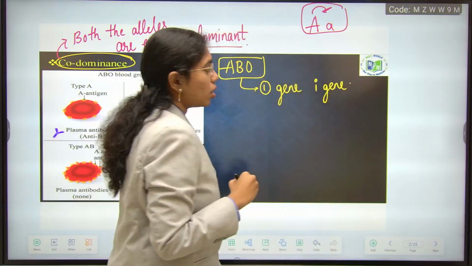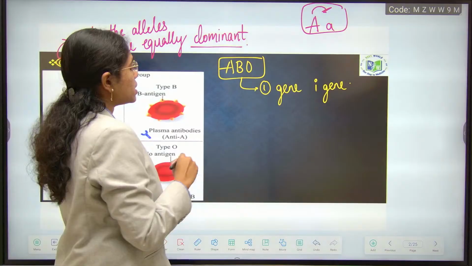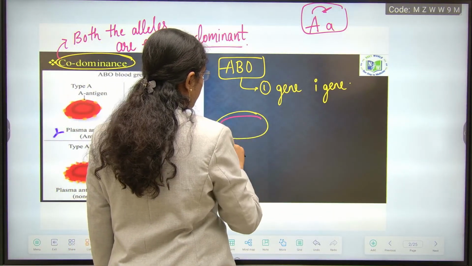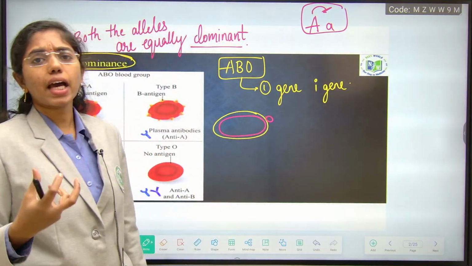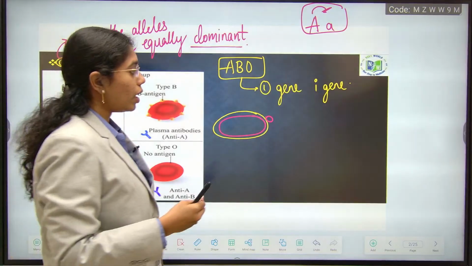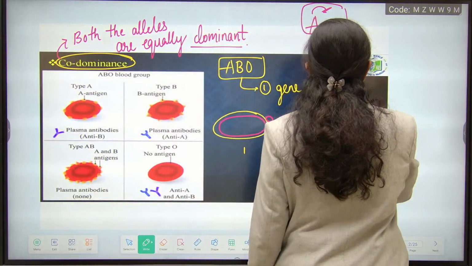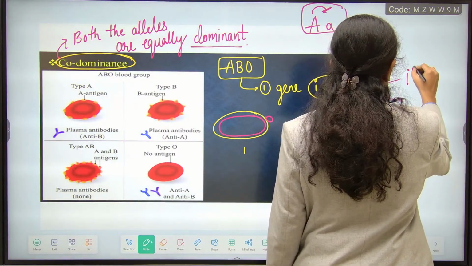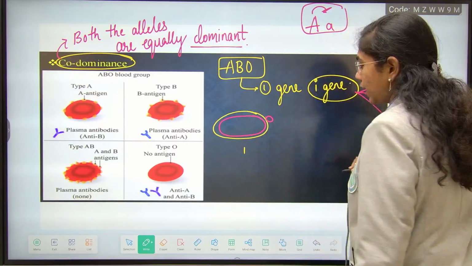So this I gene, whichever is present in the RBCs, let us suppose this is an RBC, whose wall layer will have different polysaccharide units. This one gene, the I gene, can have 3 alleles, in the form of IA, IB, and IO.